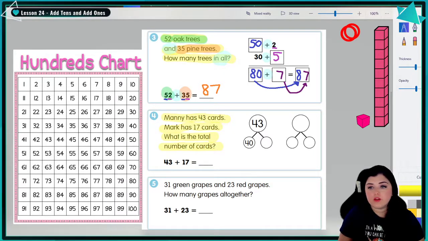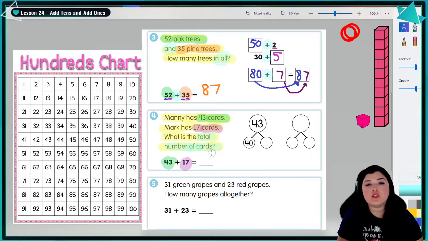Manny is our character, and they have 43 cards. 43 is the number, cards is the object, and 43 is one of our parts. Mark is the second character, and Mark has 17, which is a number, cards, which is the object, and that's our second part. Then they're asking, what is the total number of cards?